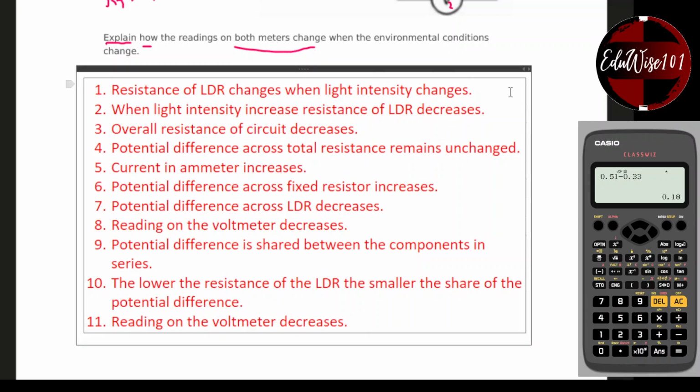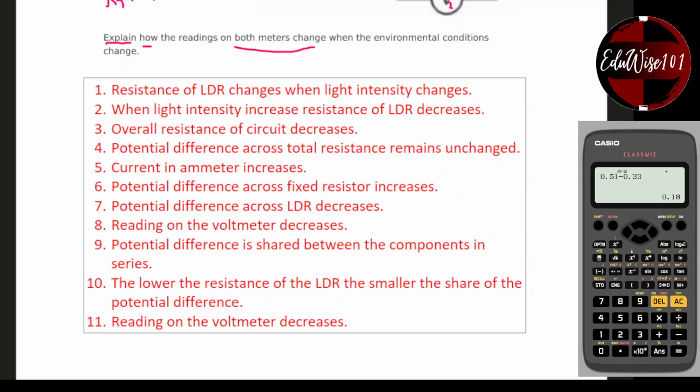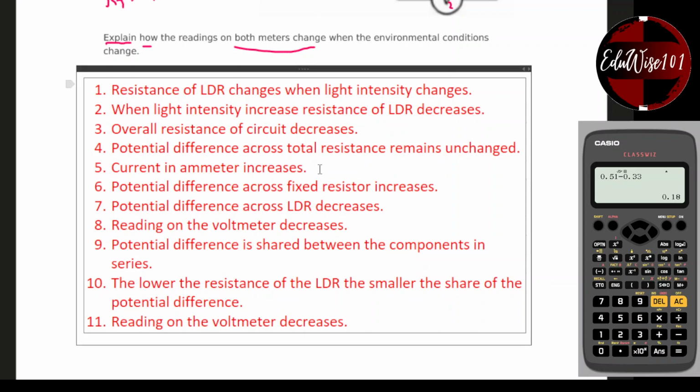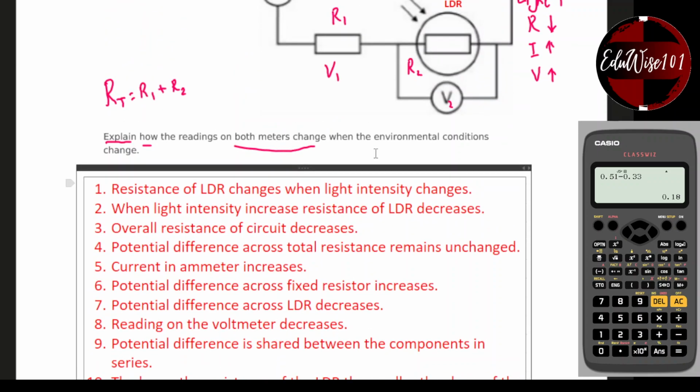Resistance of LDR changes when light intensity changes. When light intensity increases, the resistance of LDR decreases. So the overall resistance of the circuit decreases. Potential difference across the total resistance remains unchanged.